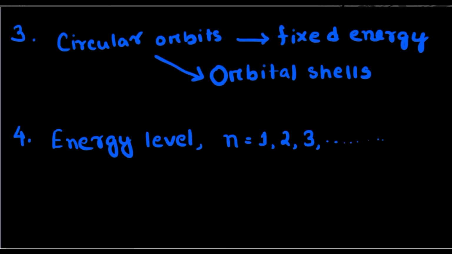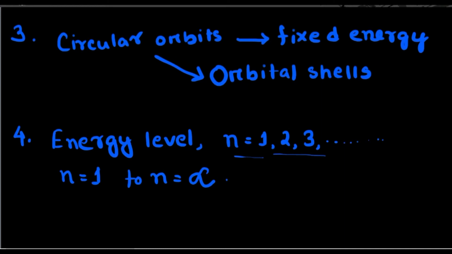So this n equals 1 or n equals 2, these are known as the quantum number. And the quantum number ranges from the lowest energy level, that is n equals 1, to the highest energy level, that is it may be n equals infinity. Okay.